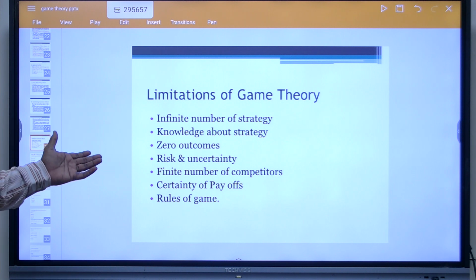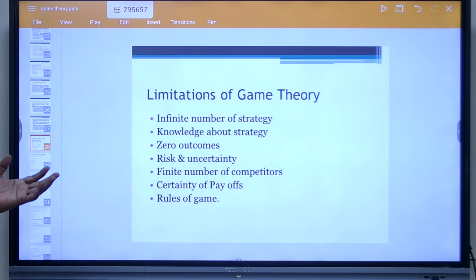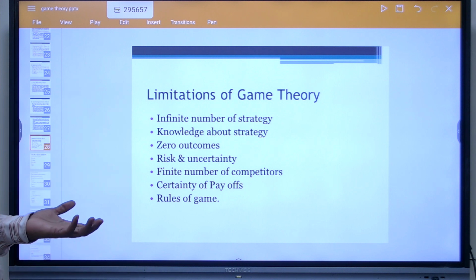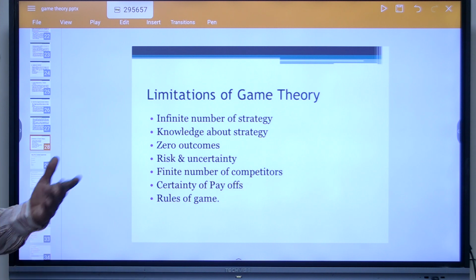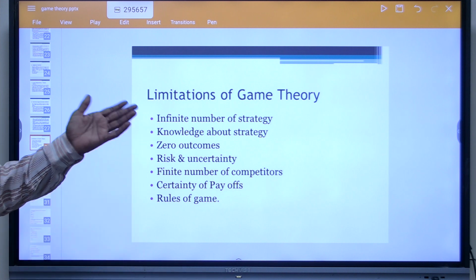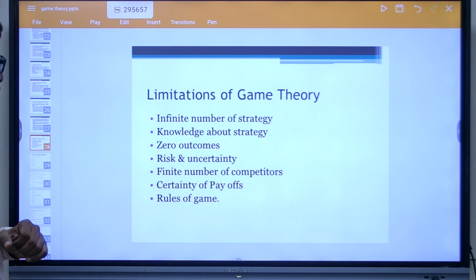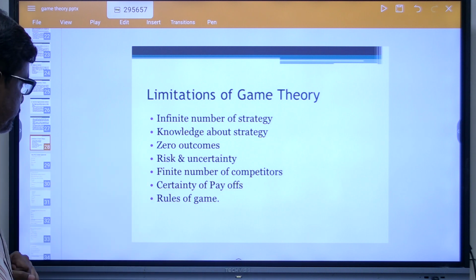Zero outcomes, and there is risk and uncertainty in the theory of games. Whenever we are dealing with probability, there is always uncertainty, and playing a game is a risk as usual. So here also, in the business or competitive world, we have risk and uncertainty in the theory of games. We are not certain that we will be completely successful in our course of action.